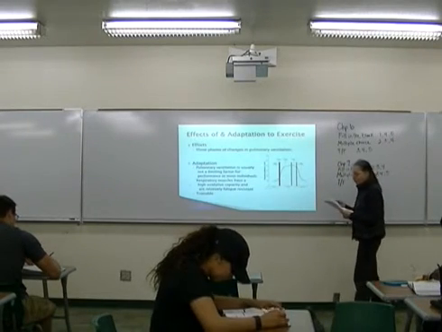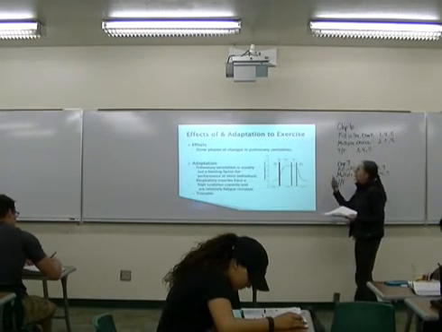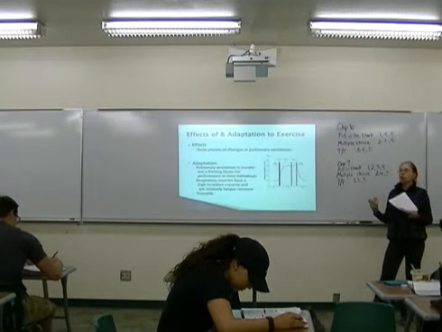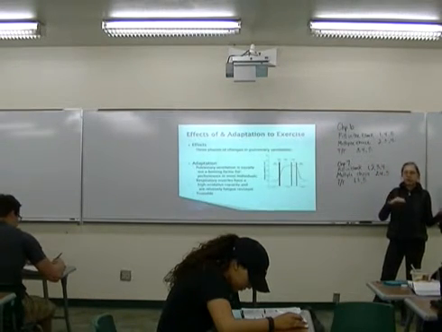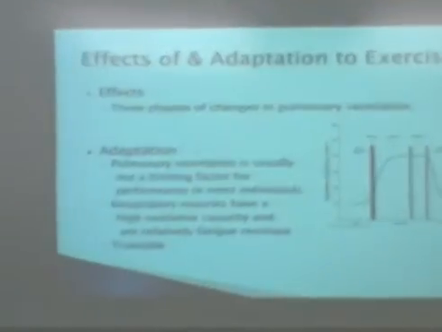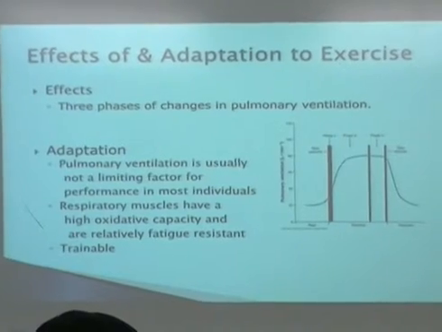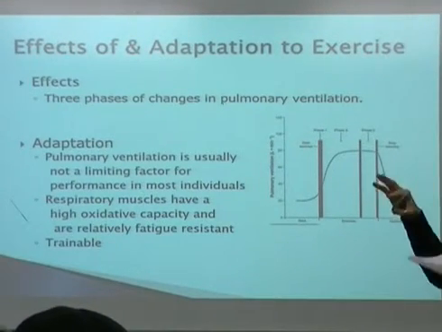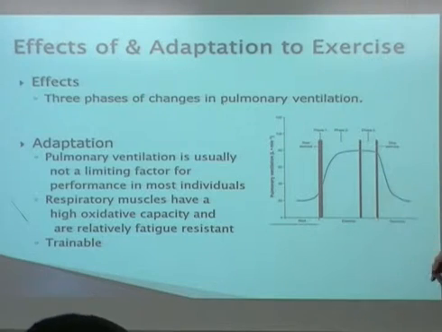Okay? All right, so when we're working submaximally, so if I go for a bike ride and I get to 15 mile an hour and that's where I'm running, or I'm running on the treadmill at 6 mile an hour, right? I'm doing something at a submaximal level.